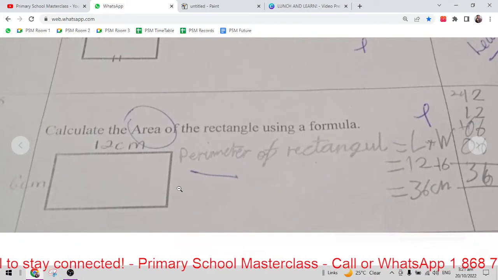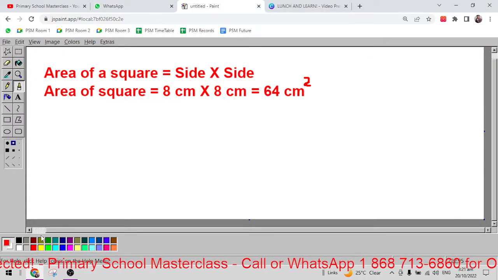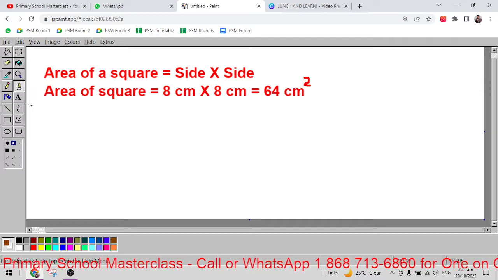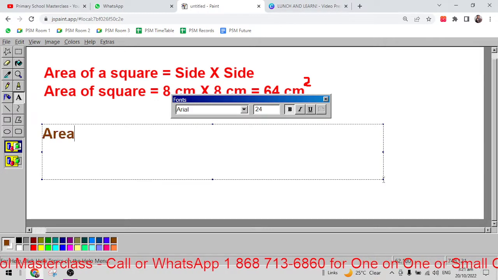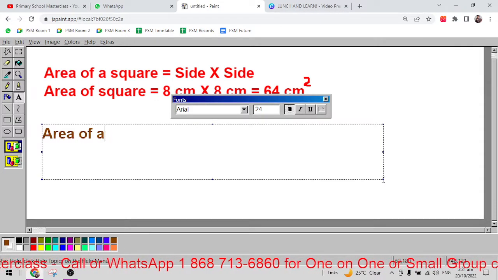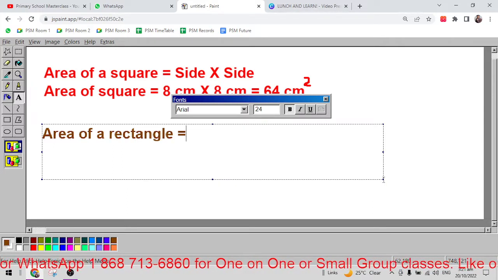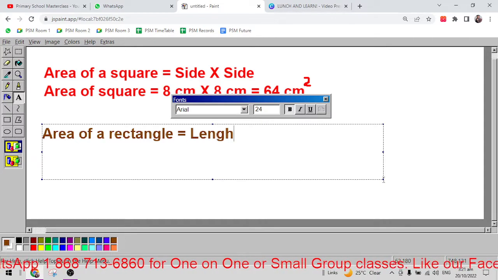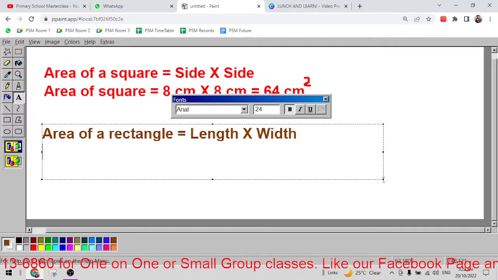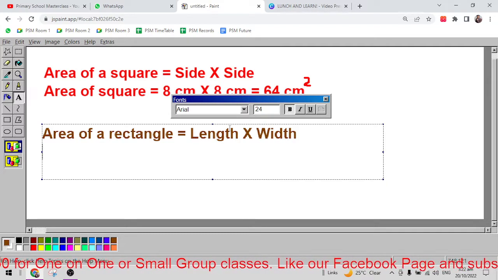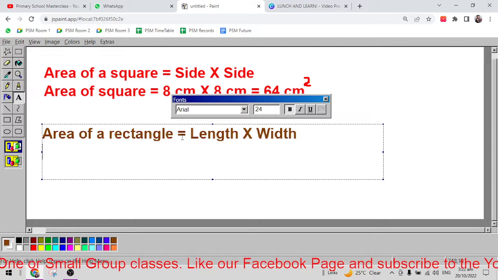Next one, calculate the area of the rectangle using a formula. So the area of a rectangle is equal to length multiplied by width. This rectangle is 12 centimeters long and 6 centimeters wide.